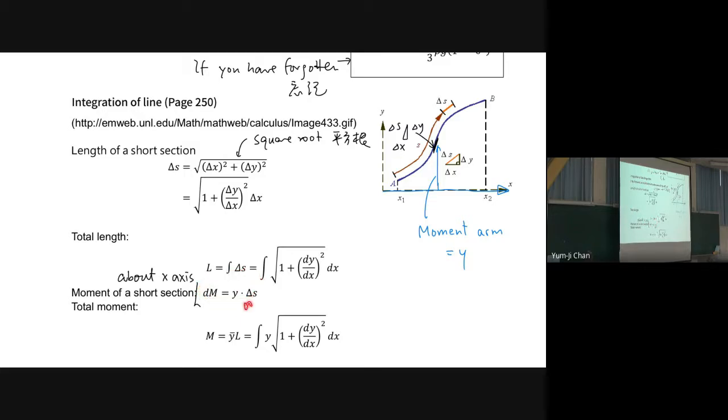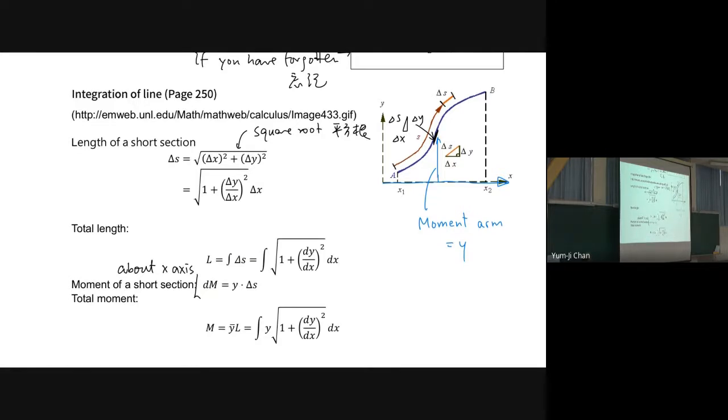Because you can assume there is a force going in some direction. Therefore, the total moment of the line about the x-axis is M equal to this part, and then we do the integration, because we know delta S is equal to this one.